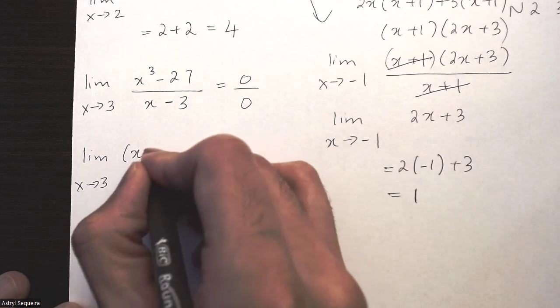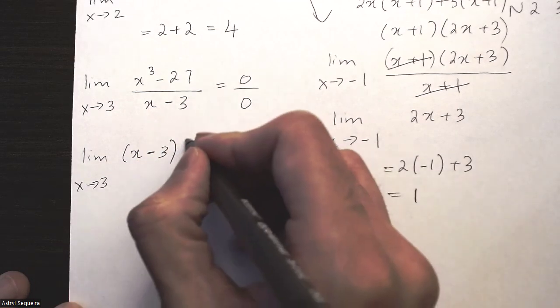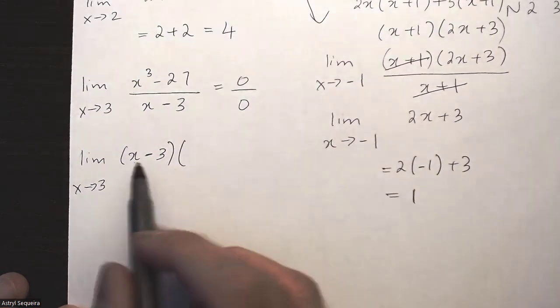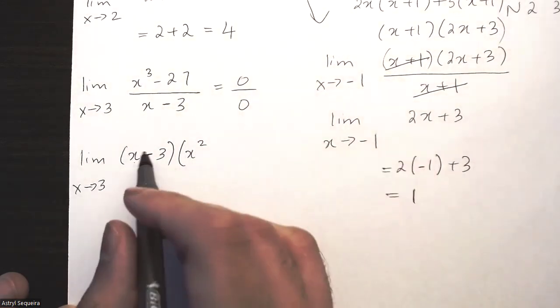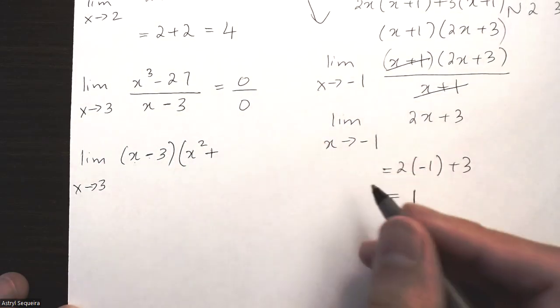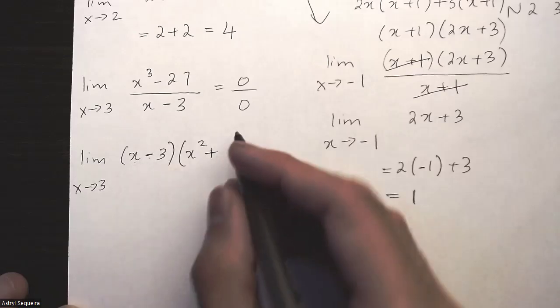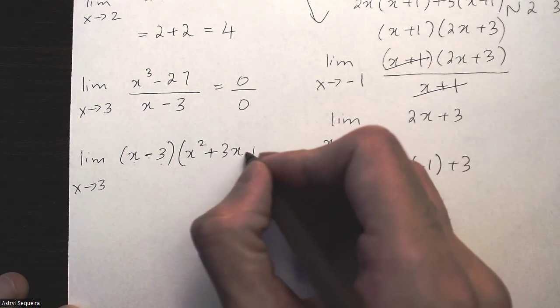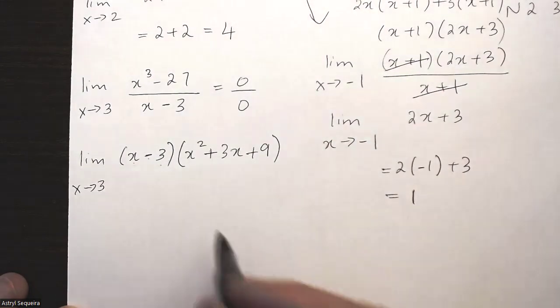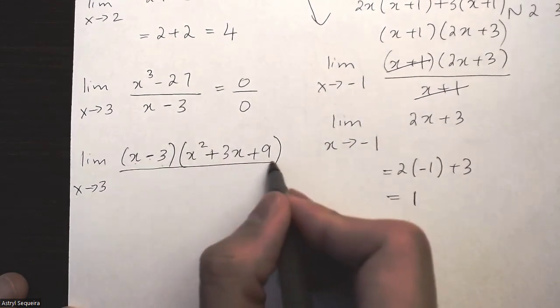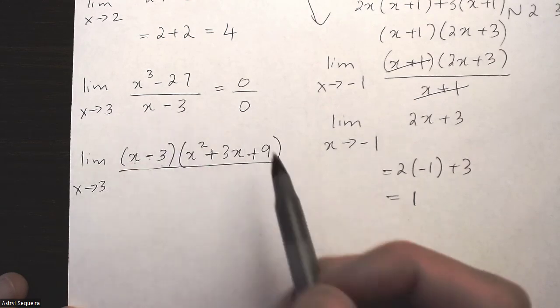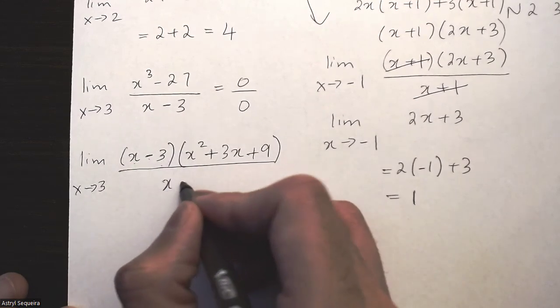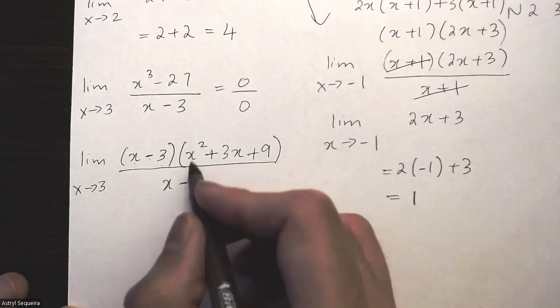So if I cube root that first equation, I'll just get x minus 3. Then I'll square the first term here, x squared, use the opposite sign as this, multiply these two terms, which is 3x. Then I'll square the last term. It's always positive, so plus 9. It's fully factored there. Then the bottom is just x minus 3.